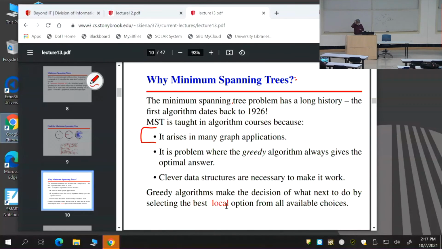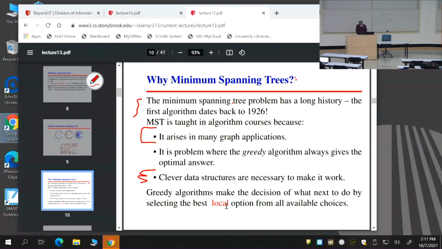Another reason why I'd like to talk about it is just like sorting, there are many different algorithms for it. And just like sorting, in order to make it run fast, you got to be clever. So there's some ideas behind finding minimum spanning trees, getting the data structures right, that are worth talking about.